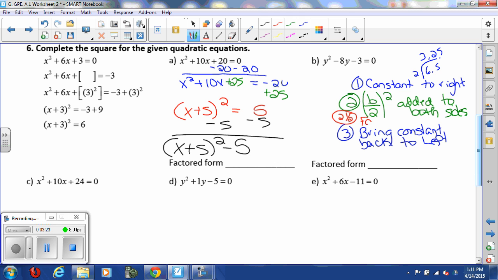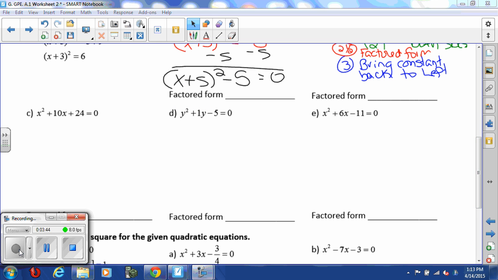And just write down factored form. It equals 0? Yeah, I have to finish that. Now the nice part is, if we go and multiply that out, we should get the same exact thing that we started with. So I'm going to pause this for a minute.